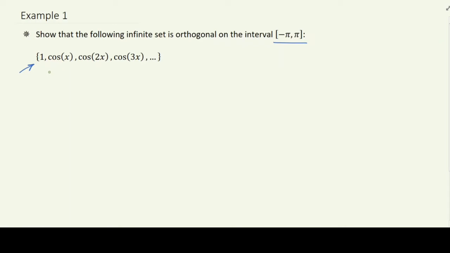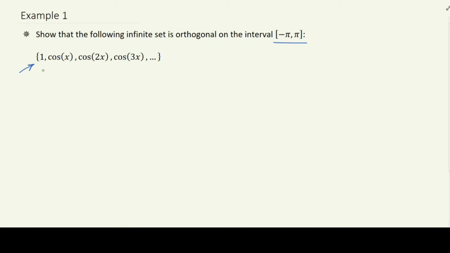Since we have infinite members in this set, we have infinite pairs as well. How can we calculate the inner product for all those infinite pairs of functions?